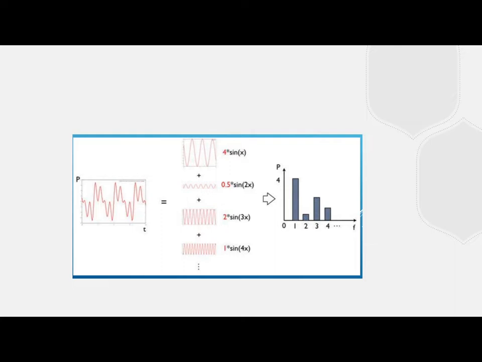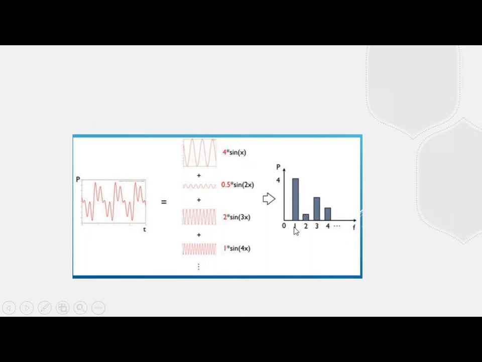So you get this data, and by using Fourier transform, you can decompose it, on the right side, into multiple sine functions, and then you get the plot on the right, which we call the frequency domain, because the x-axis is frequency.